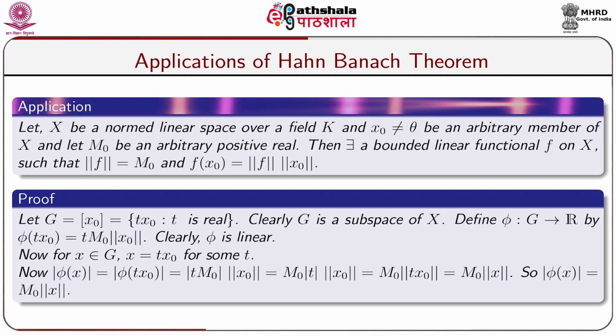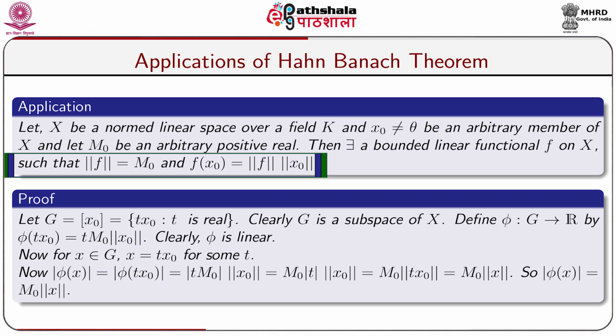Then there exists a bounded linear functional small f on capital X such that norm of f is equal to m0 and f of x0 is equal to norm of f into norm of x0. The proof runs as follows. Let capital G be equal to the bracket x0, that is the space spanned by small x0.